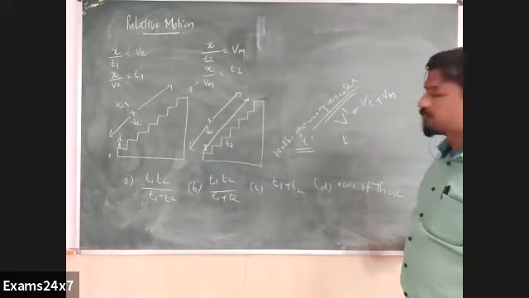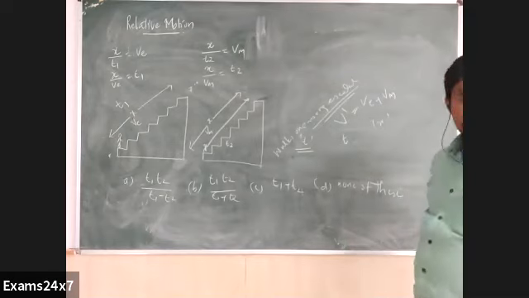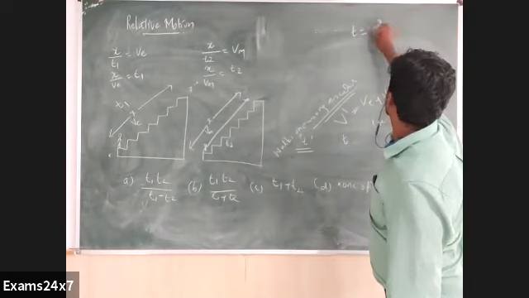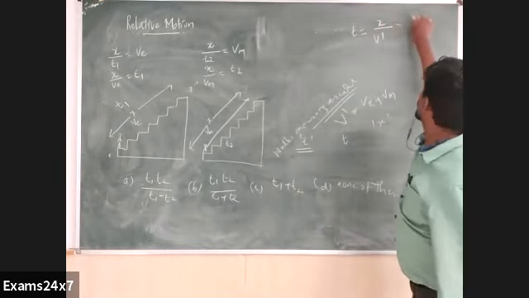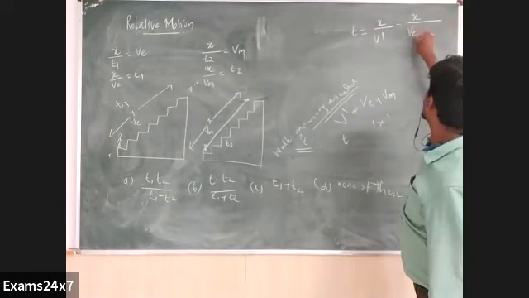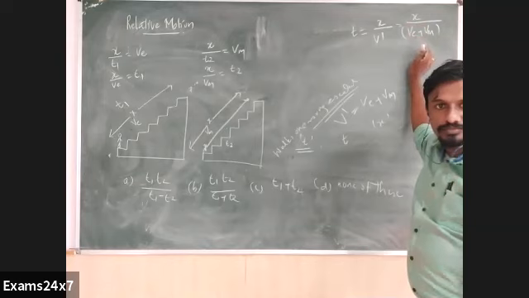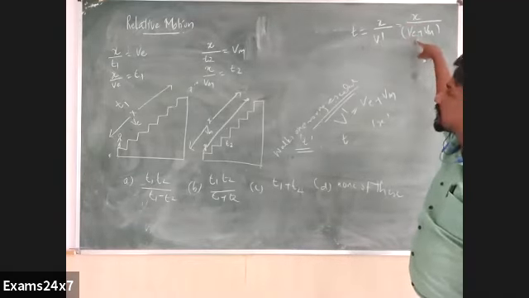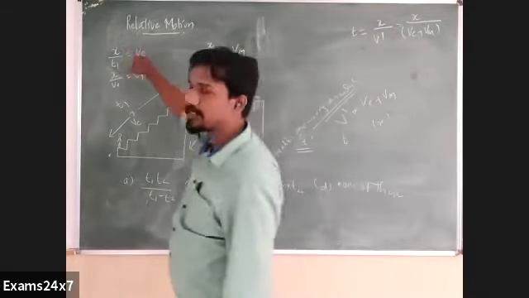Time taken is t. What is the distance it has to travel? X. We can write t is equal to x by V dash, that is x by ve plus vm. Vm is x by t2 and ve is x by t1.